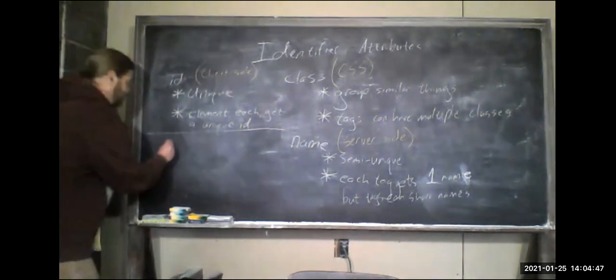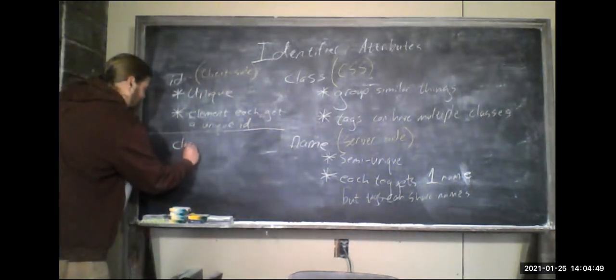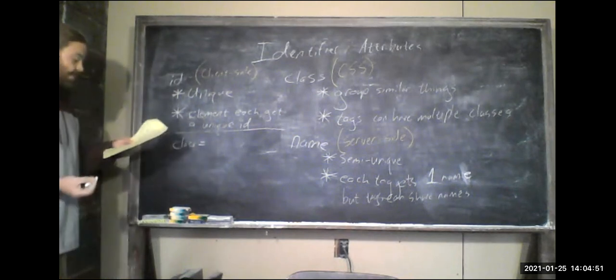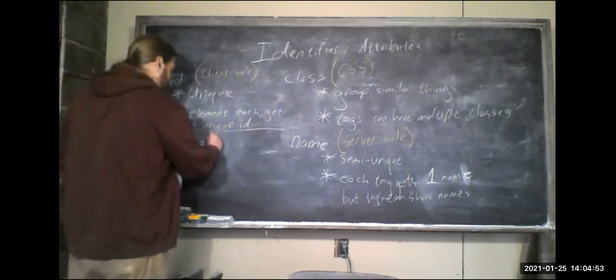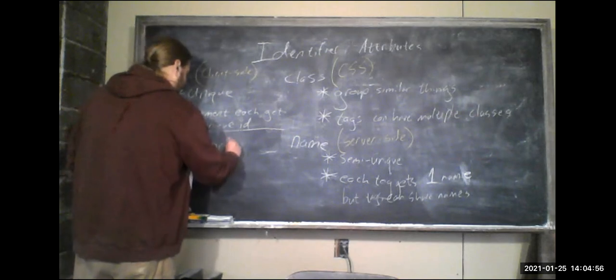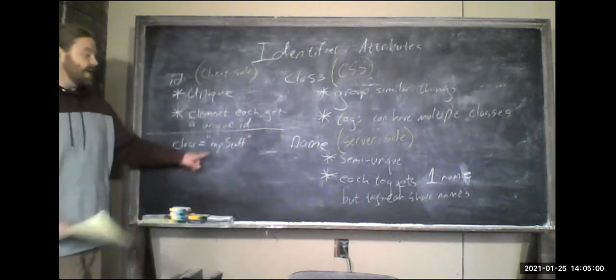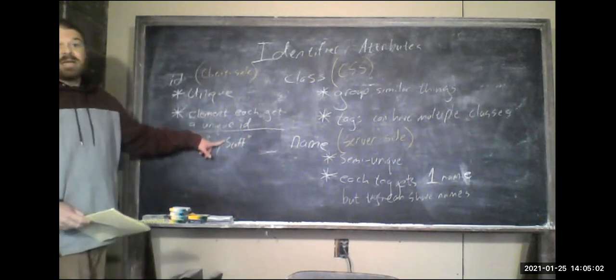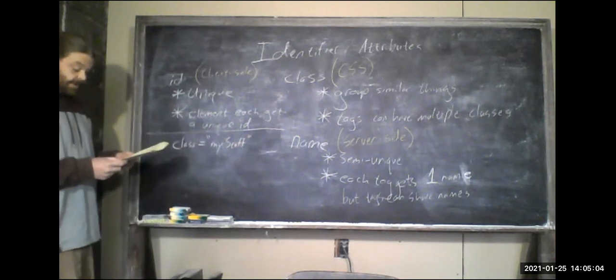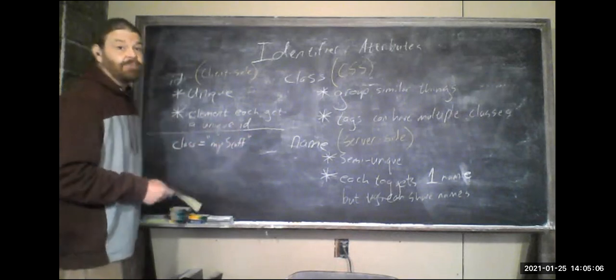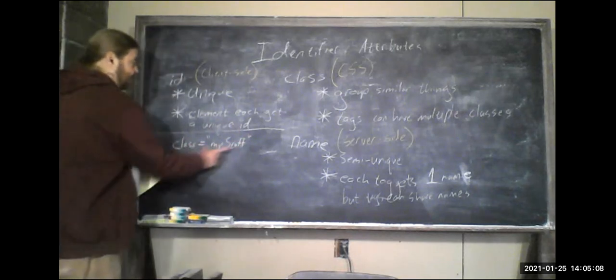It's an attribute, so we'll say it's class equals some name as a string, like my stuff. And when you put together a class name, you can't put any spaces in there because if we have more than one, we separate them by spaces. So no spaces in the names.